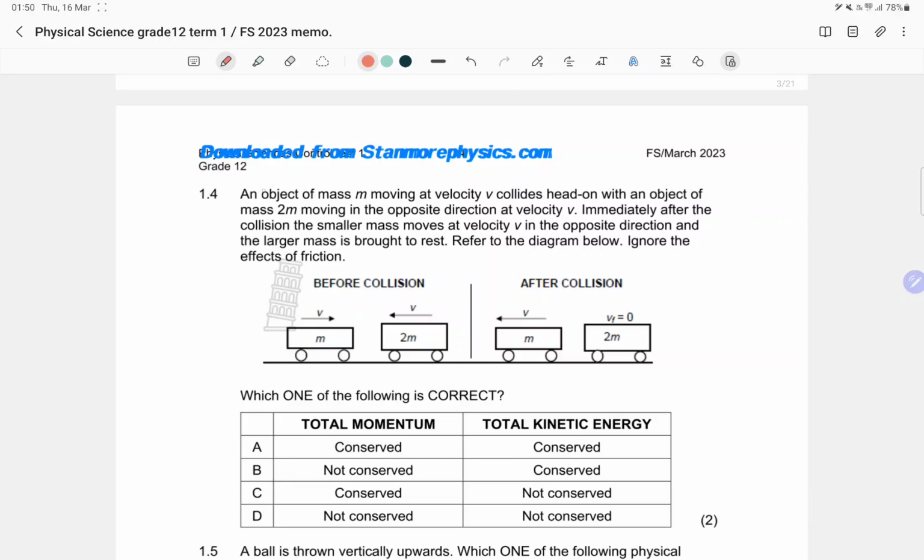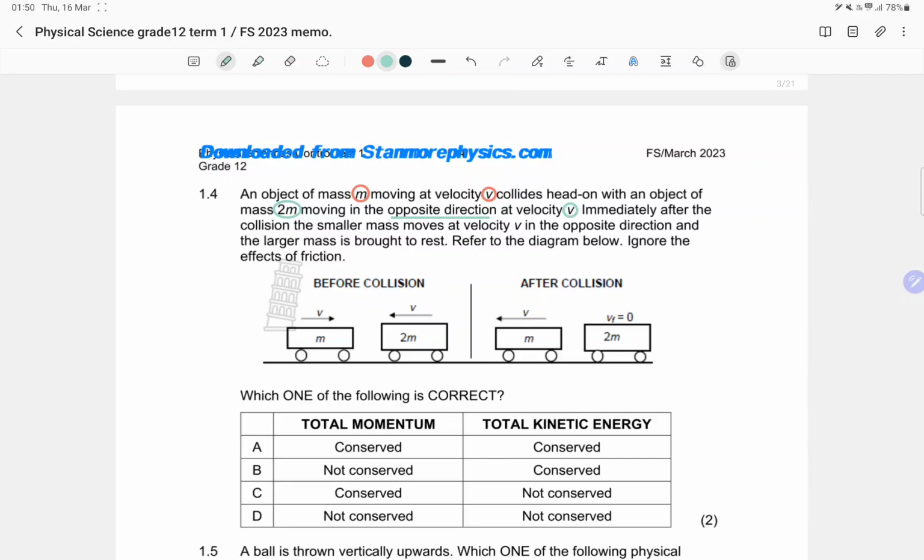1.4 says an object of mass m moving at velocity v collides head-on with an object of mass 2m moving in the opposite direction at velocity v.